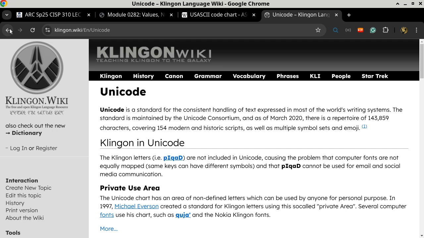The answer is simple. It has to do with your keyboard. The way you enter Unicode is typically you enter the hexadecimal representation. So you have to do an Alt, Shift, U, I think.